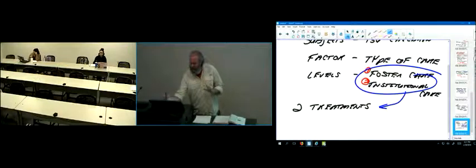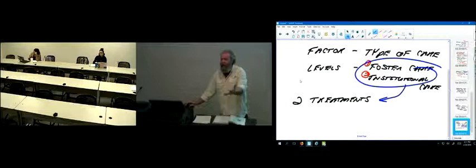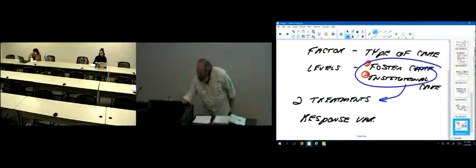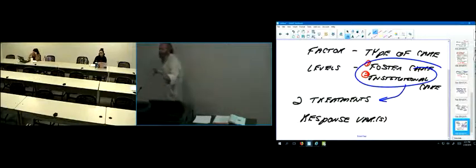And then something we haven't mentioned here is, well, I have to measure something after the fact, right? After the experiment is done, I need to measure something, and it is the same term me and you have used before. The response variable is what you measure after the treatment has been imposed.